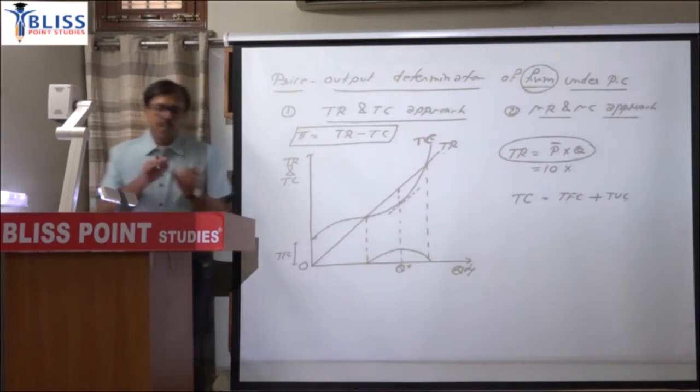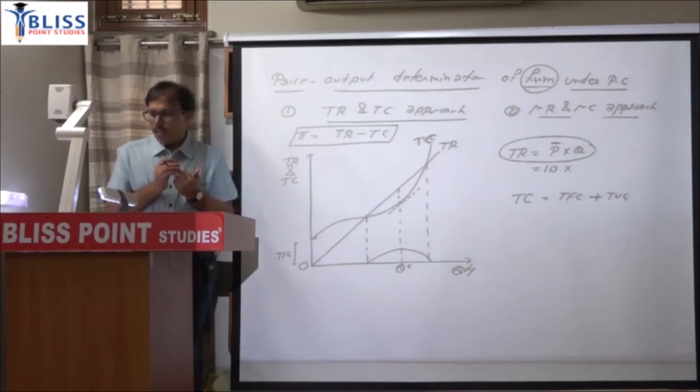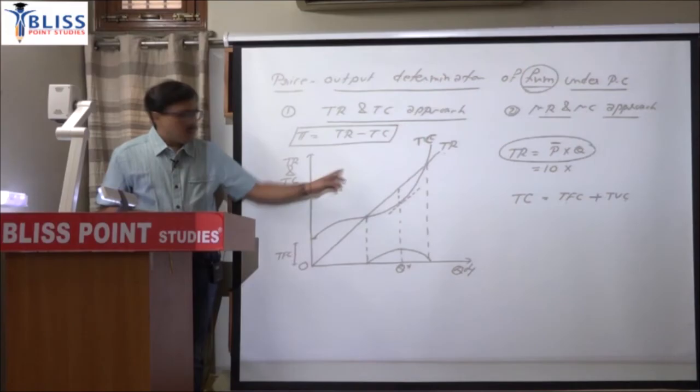But remember, there are three possibilities. The firm could be making supernormal profit, there could be loss, or there could be only normal profit. So if the question is asked, you have to show all three conditions separately in a diagram. This is one question. So this is the diagram.